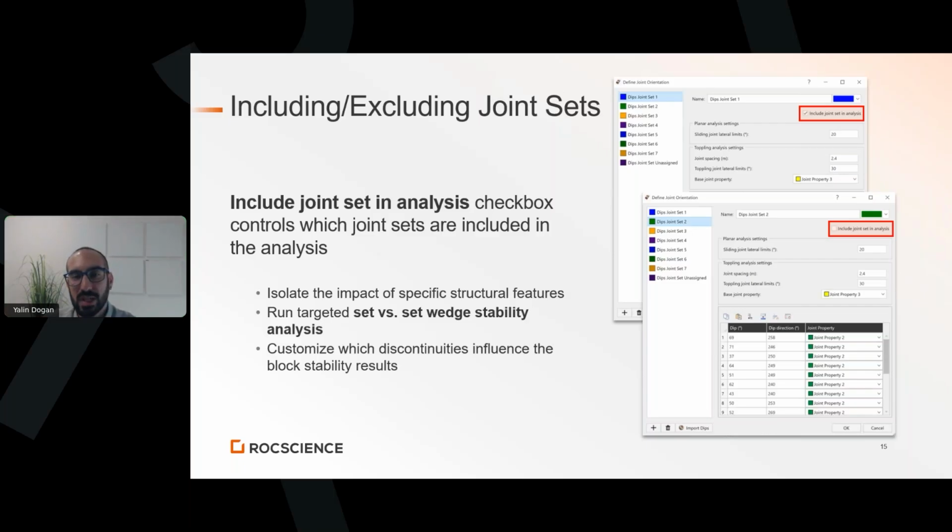So this flexibility makes it possible to isolate the impact of specific structural features. And if you want to perform a targeted set versus set stability analysis, this is also allowed, and customize which discontinuities contribute to the overall block stability results.